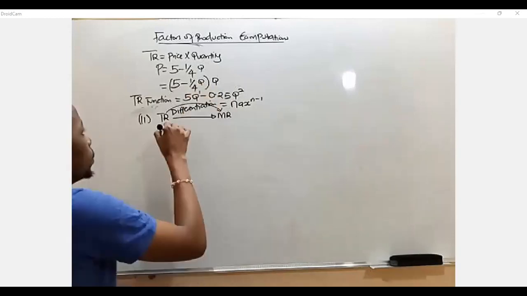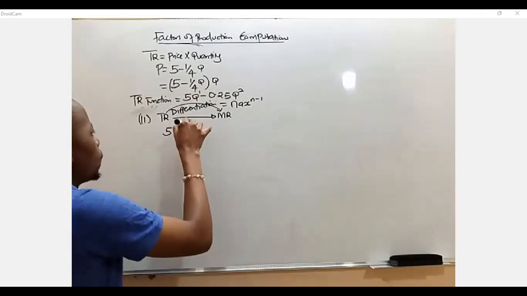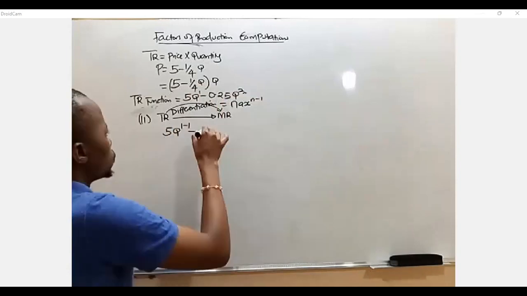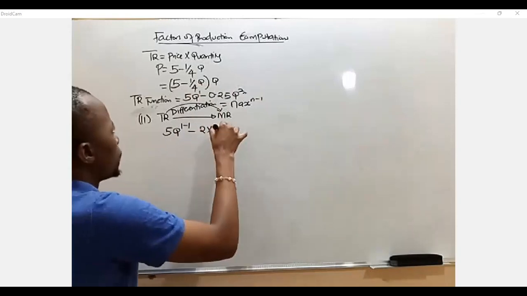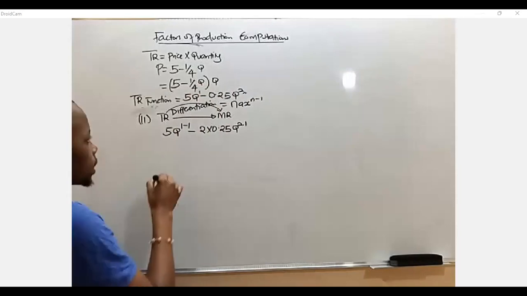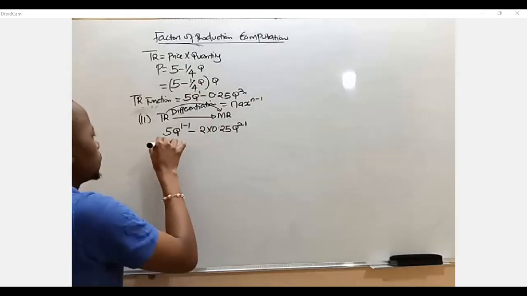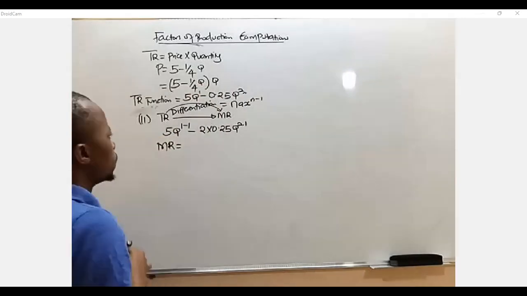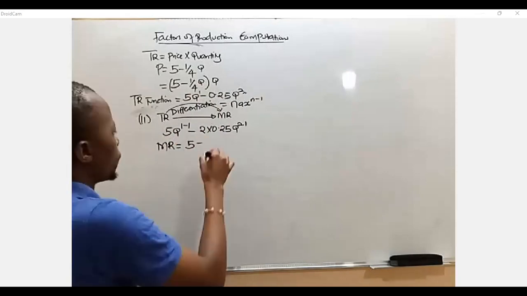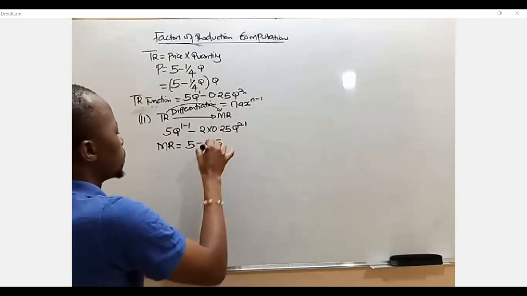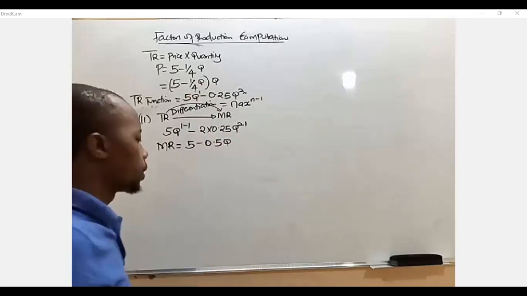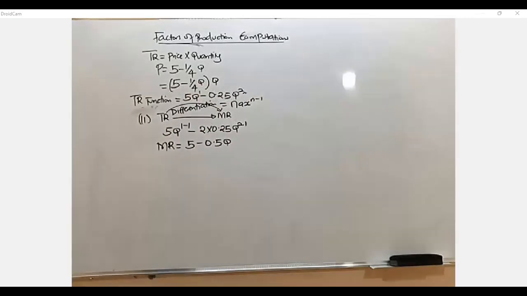So it will be 5 q to the 1 minus 1, minus 2 times 0.25 q to the 2 minus 1. So the marginal revenue of ours should be equal to what? 5 minus 0.5 q.